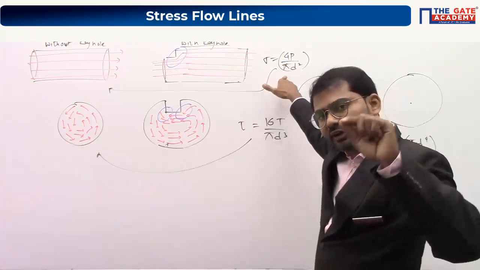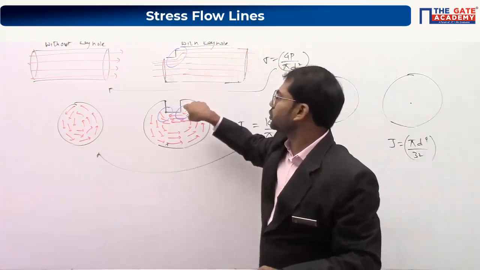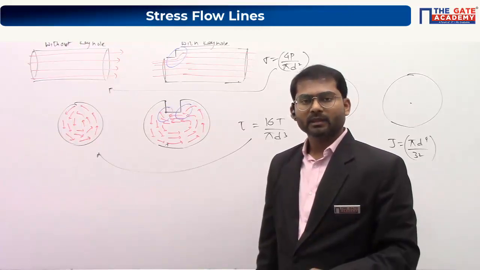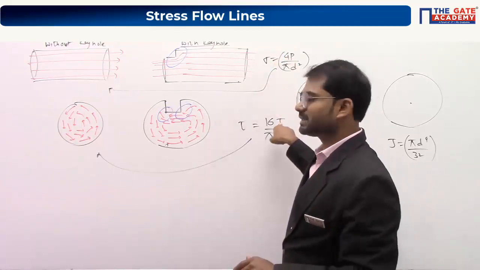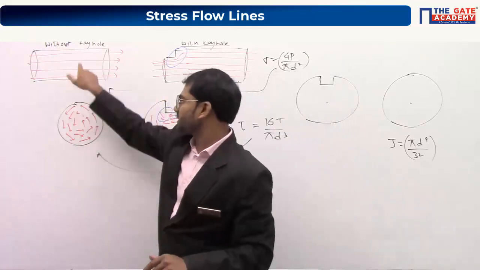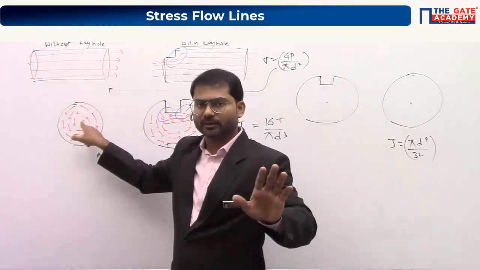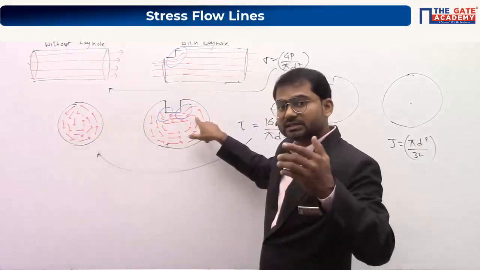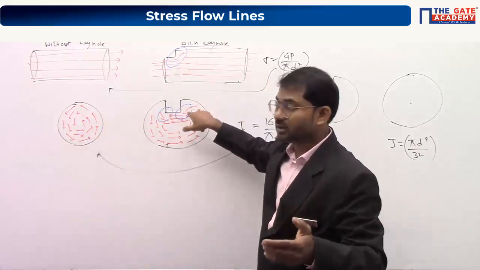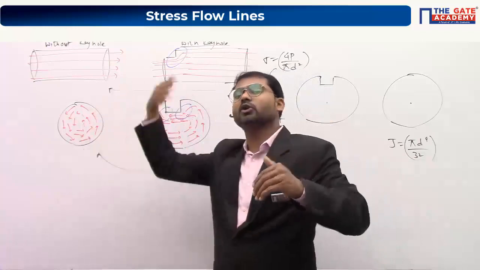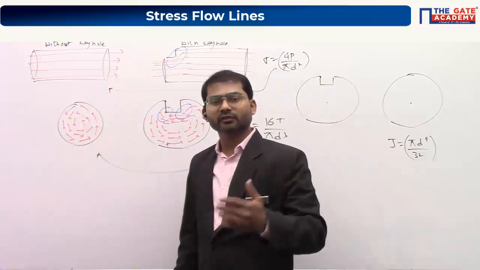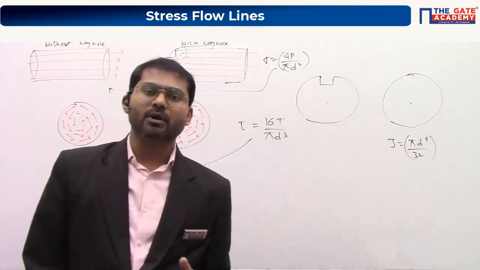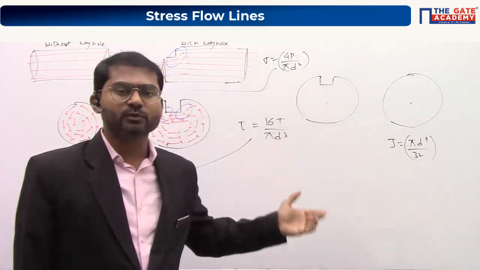Then there is definitely a chance that the stresses at these locations go beyond the strength of the material. Making sure the nominal stresses are less than the strength of the metal is not enough, because the stress produced here, which is higher than these values, can go beyond the strength of the material and failure will happen. That's the reason we should be very serious about this increase of stress.